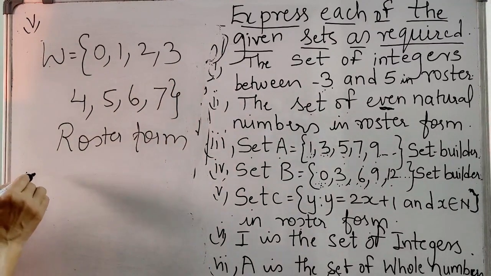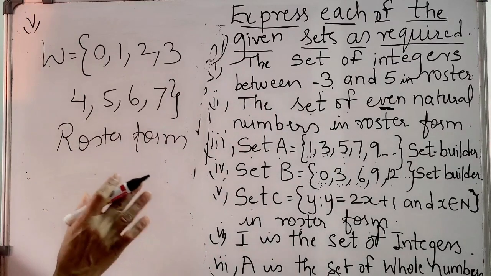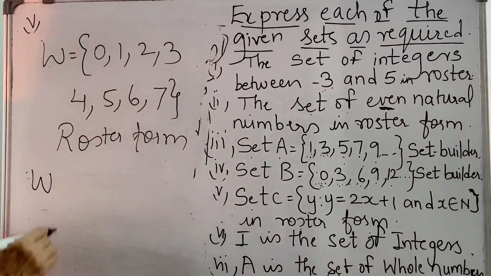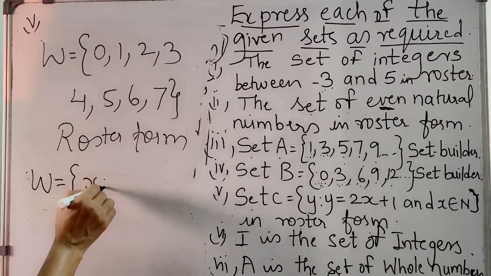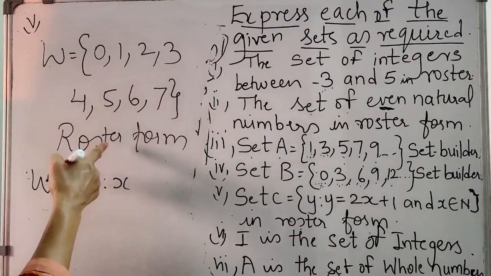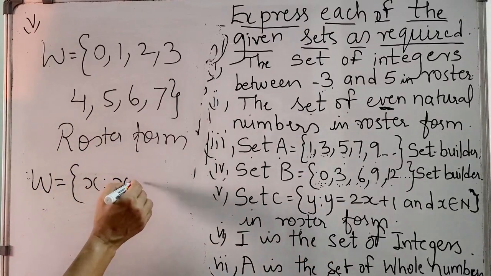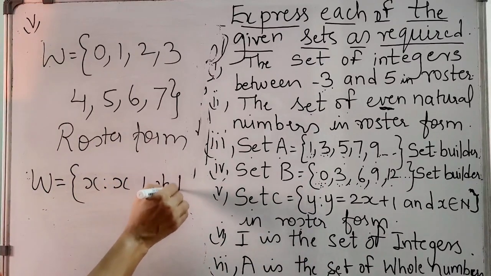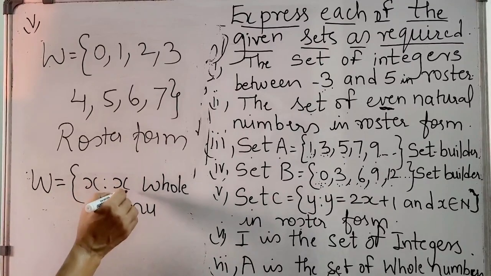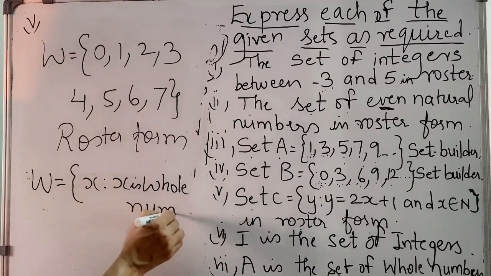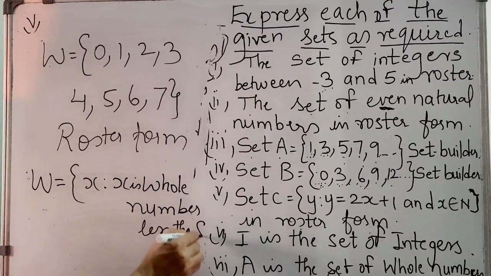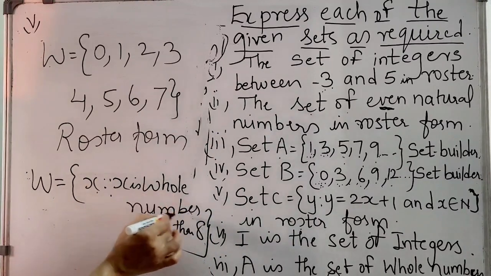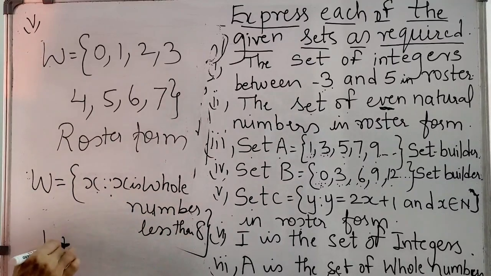Now same way you have to write in set builder form. Put the curly bracket x such that x is what? Whole number less than 8. X is such that x is a whole number less than 8. Now you can write this way also.